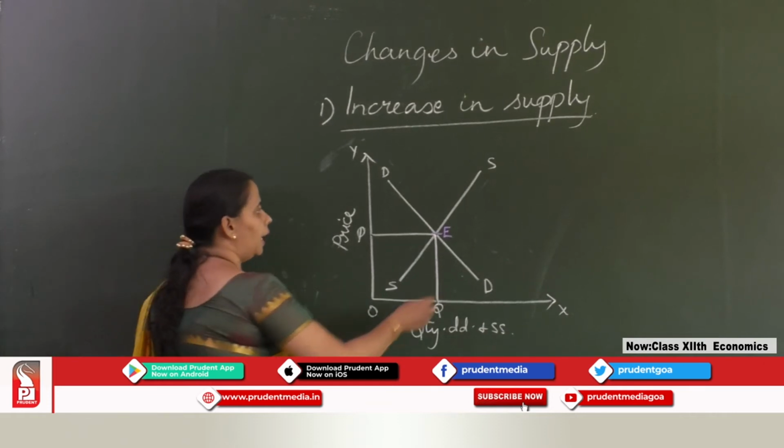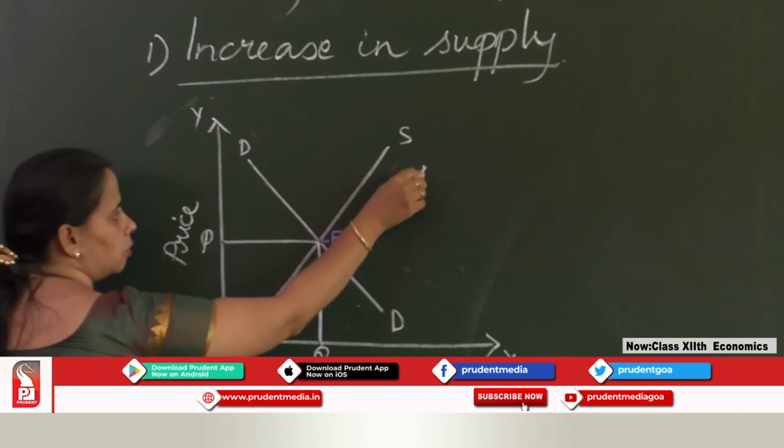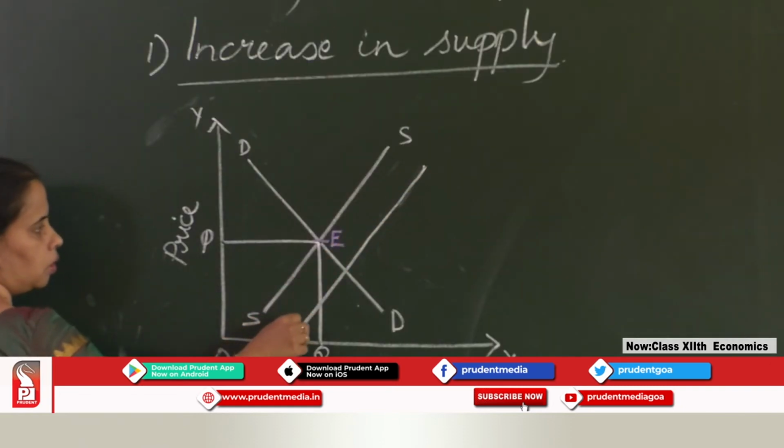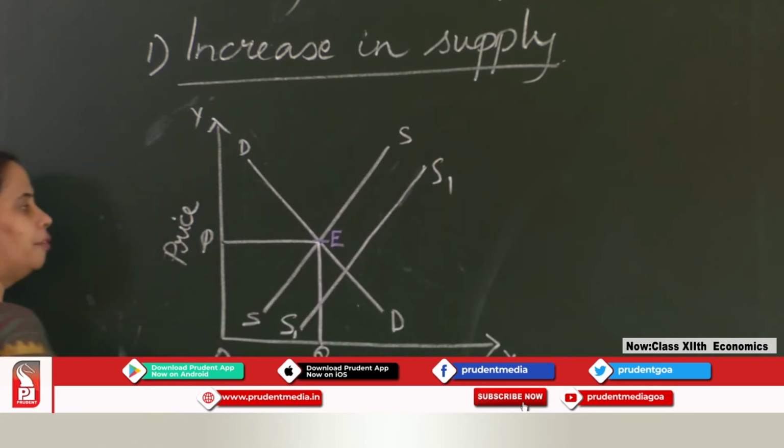So we have an outward shift of the supply curve, and we have the new supply curve S1.